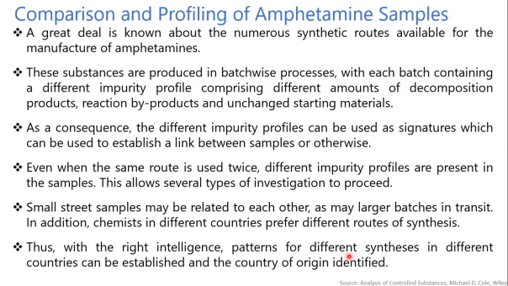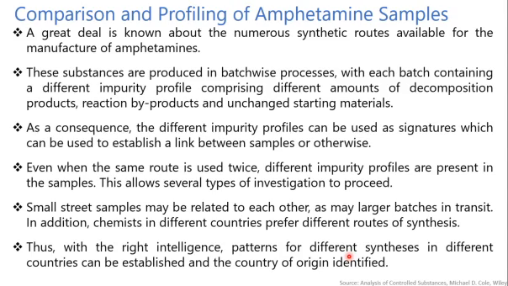As a consequence, the different impurity profiles can be used as signatures to establish a link between the samples and other batches. Even when the same route is used twice, different impurity profiles are present in the sample. This allows several types of investigation to proceed.